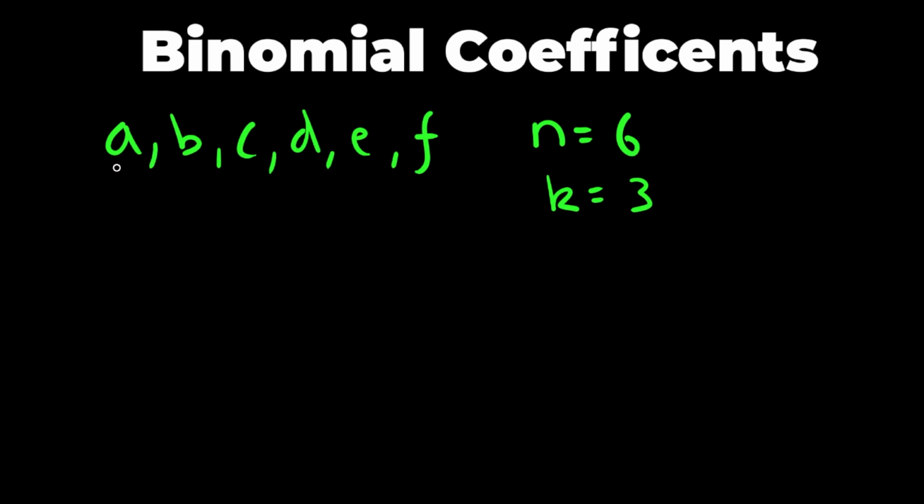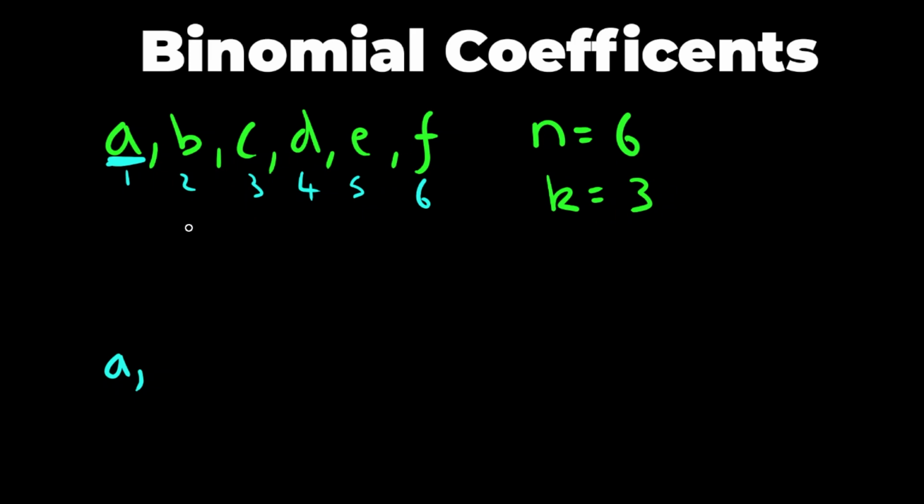So that means if I select A, I can't reselect A. There's only one A. So if I look, I can see that I've got 1, 2, 3, 4, 5, 6 possibilities for my first selection. Let's say I do select A. Okay, so I've got A in my group. Now I can't get A, so we don't count A anymore.